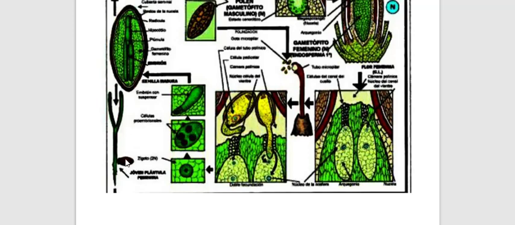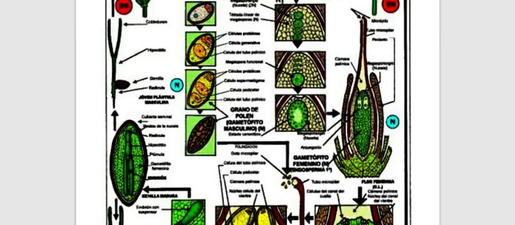Their germination is started, and when the germination is started, after rupturing the testa, the cotyledons along with the plumule region come out from the seed, and from the hypocotyl region the radicle is produced.